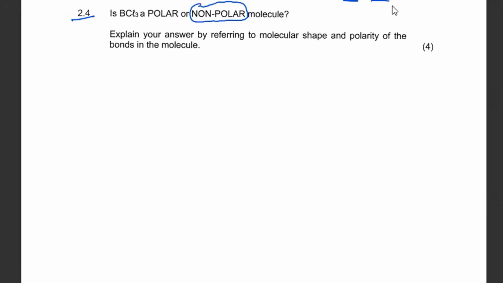So here, in terms of explaining, we're going to say BCl is actually polar. Then the electronegativity values: delta EN. You can go to your periodic table and see the electronegativity values.